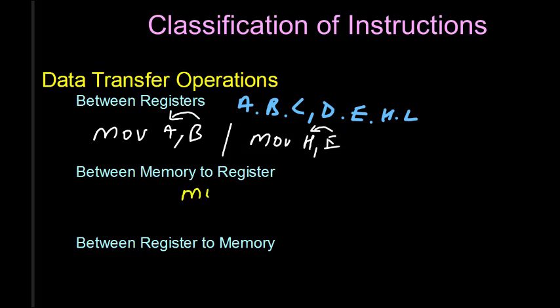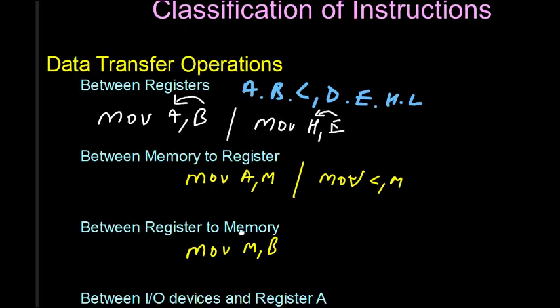If we write MOV A, M, this instruction transfers the contents of memory to register A. We can also transfer the contents from the memory location to any other register, so MOV C, M transfers the contents of M to C. Then between register and memory, we can write MOV M, B. This transfers the contents of register B to M. Similarly we can transfer the contents from any register to a memory location.